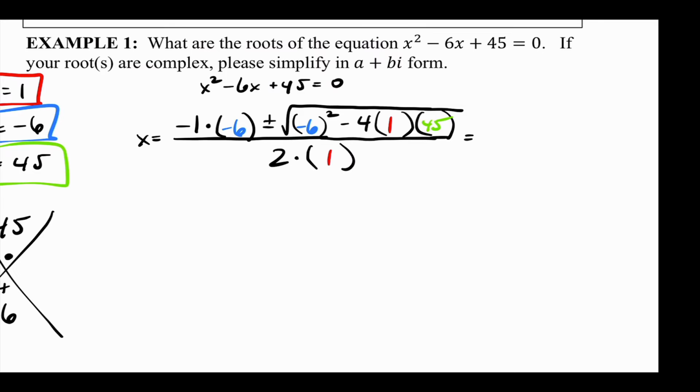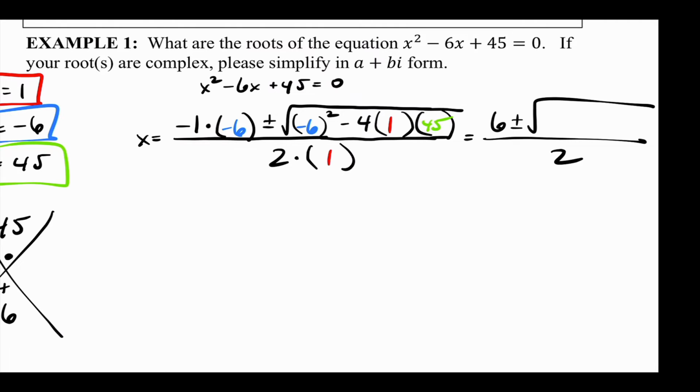All right, so when we multiply negative 1 times negative 6, I get positive 6, plus or minus the square root. On the bottom, I get 2, because 2 times 1 is just 2. Now negative 6 times negative 6. Remember, that's not like this, it's negative 6 times itself.